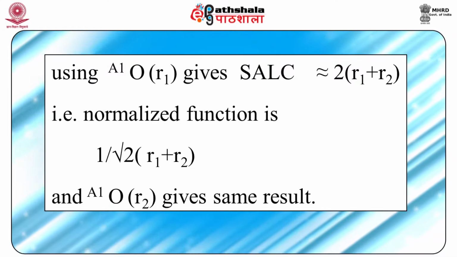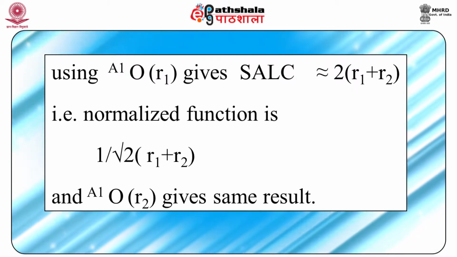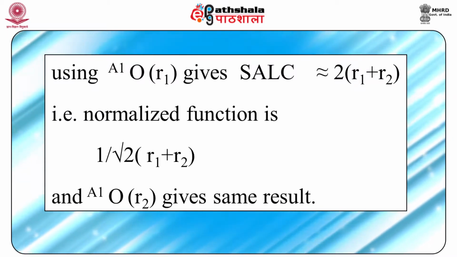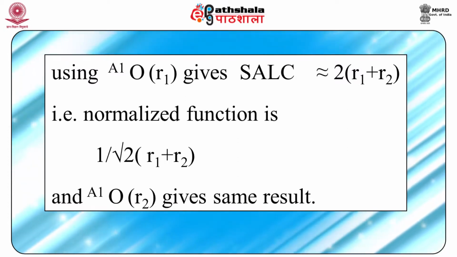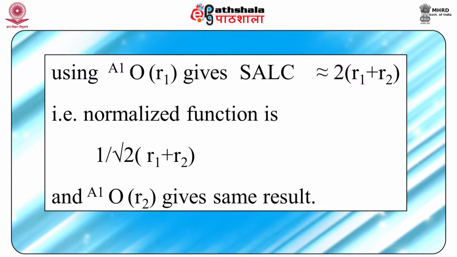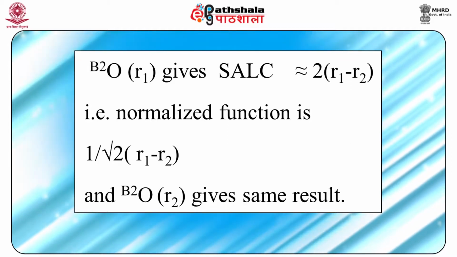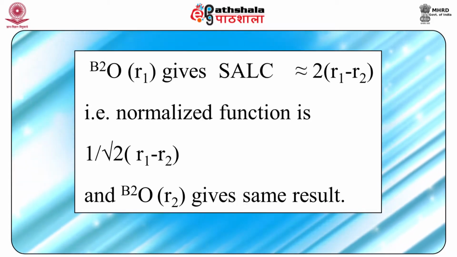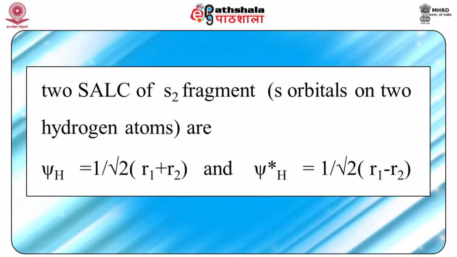Then by making use of the projection operator, A1P on R1 gives the normalized SALC as 1 upon root 2 (R1 plus R2). A1P applied on R2 gives the same result. Now if we apply B2P on R1, we get the normalized function as 1 upon root 2 (R1 minus R2). All these results have been discussed in an earlier module.